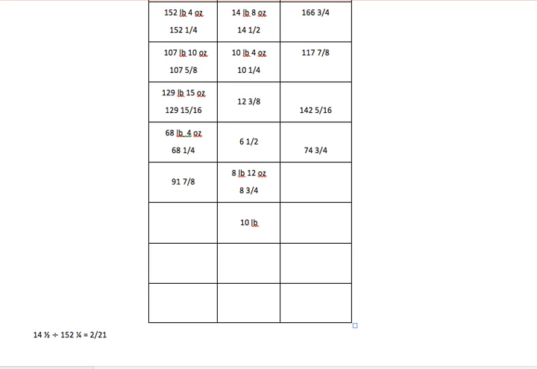Then we can add the 91 7/8 and 8 3/4 to get 100 5/8 pounds. Because remember, when you add and you get a number greater than the 16 ounces, you would have the fractional part. And in the final example, dividing 10 pounds by 2/21 will give you 105. And when you add the two together, 115 pounds for the total weight.